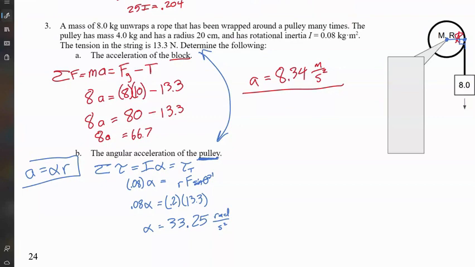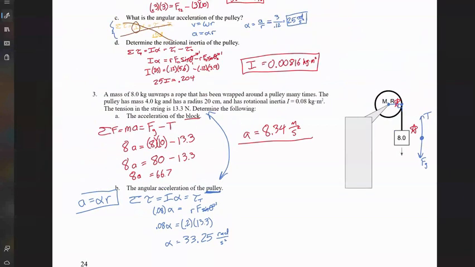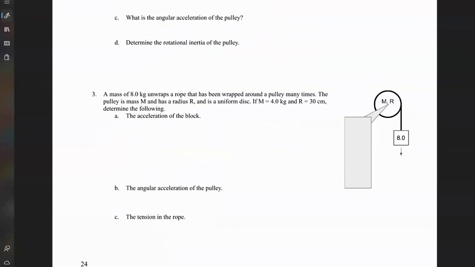There's the faster way to do it, but we just wanted to get alpha by doing the net torque. On a test, use the fast way, but this was just to get some practice with that net torque expression. Moving on to the next page and our last problem here.